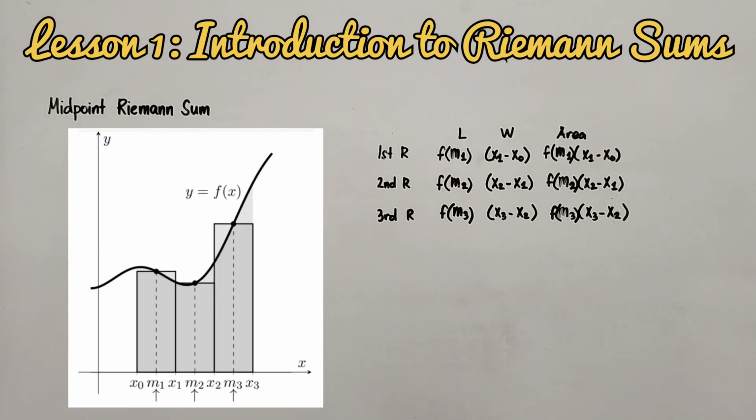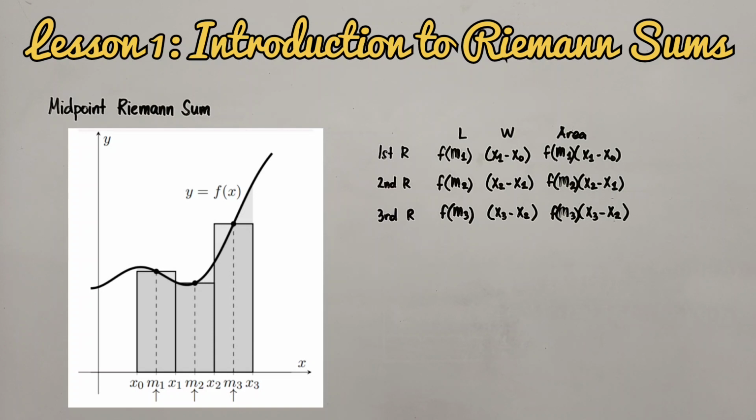To understand the midpoint Riemann sum, let us refer to this graph. The height of the rectangle depends on the midpoint of the left and the right endpoints. In the first rectangle, the endpoints are x sub 0 and x sub 1, and its midpoint is denoted by m sub 1. m sub 2 and m sub 3 are the midpoints of x sub 1 and x sub 2, and x sub 2 and x sub 3 respectively.